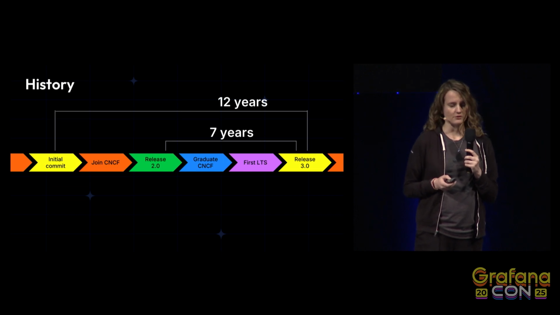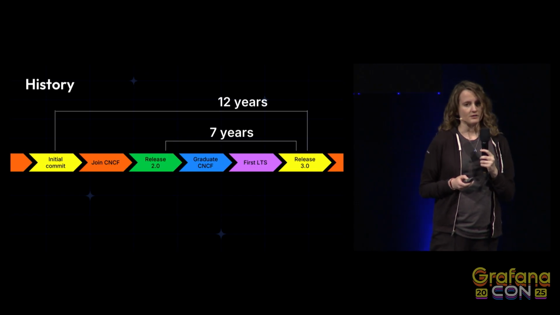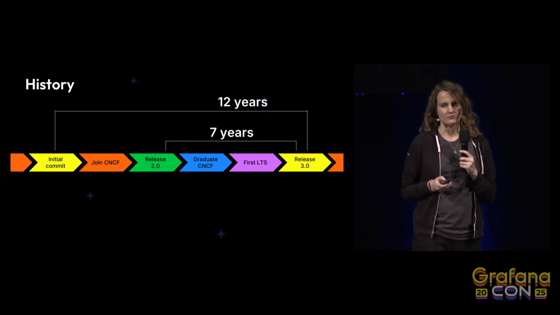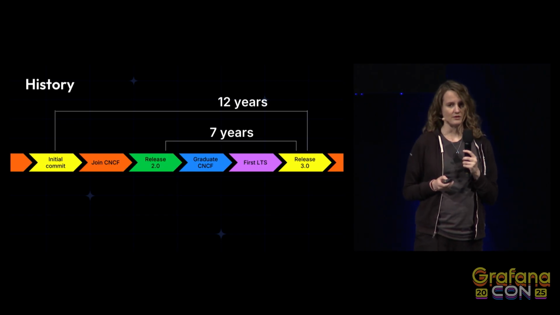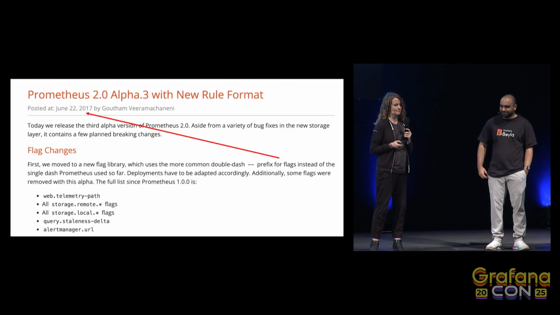Version 2.0 was released in 2017 with major updates to the TSDB. And last November, we had our first major release in 7 years, Prometheus 3.0, which will be the focus of our talk today. I was just looking back at when I did the 2.0 release, and 2.0 was how I started my career, and I'm really glad to be here also talking about 3.0.